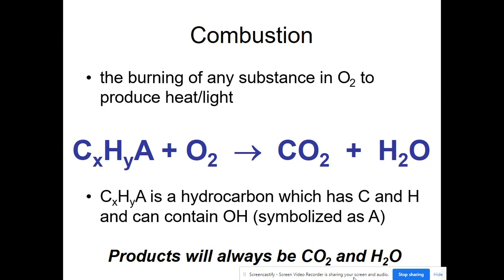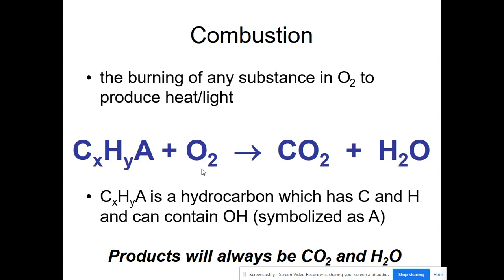In a combustion reaction, you have a burning of any substance in oxygen to produce heat and light. The most common type of combustion reaction is a hydrocarbon, which just contains carbon and hydrogen, and sometimes oxygen. This is reacting with oxygen and producing carbon dioxide and water.